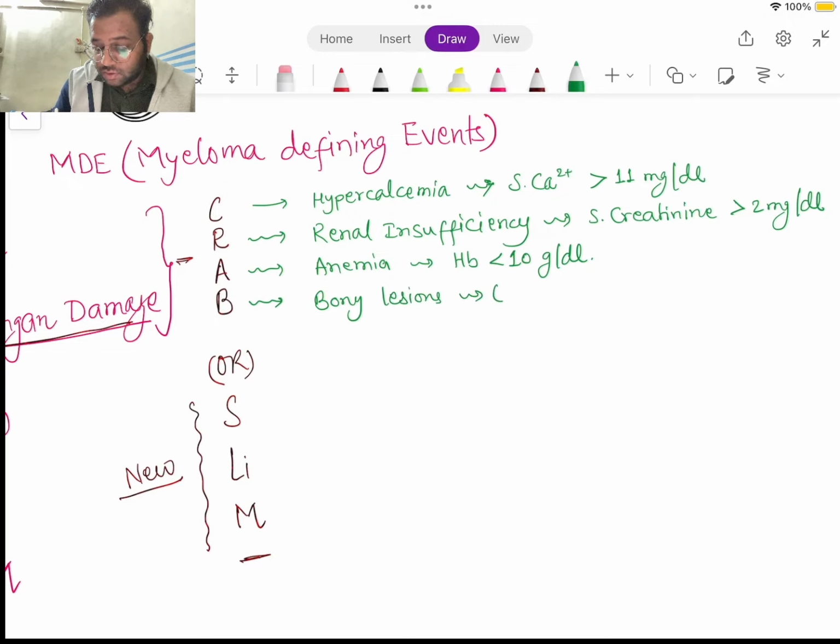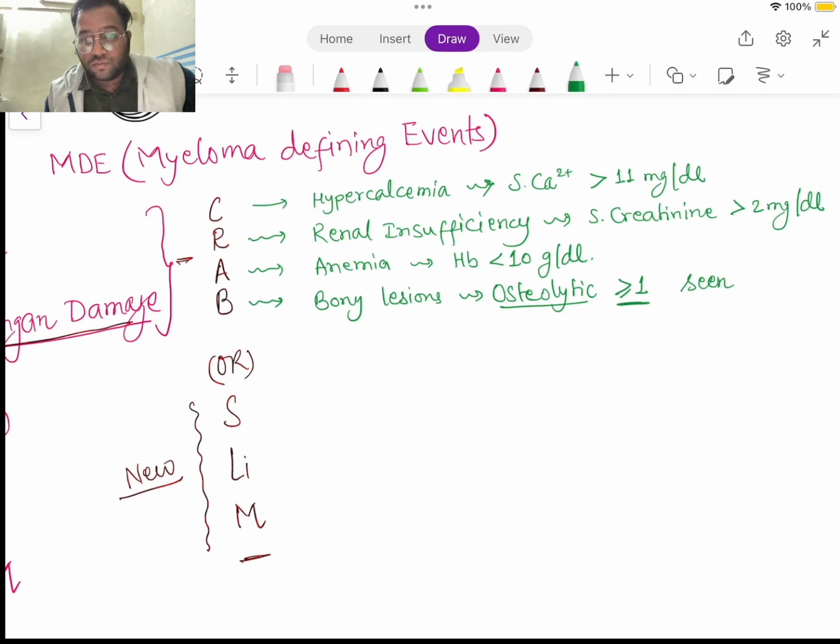Then we have bony lesions. What kind of bony lesions? Osteolytic type of bony lesions. How many should be there? More than or equal to 1 osteolytic bony lesion. How do you get to know the lytic lesions?